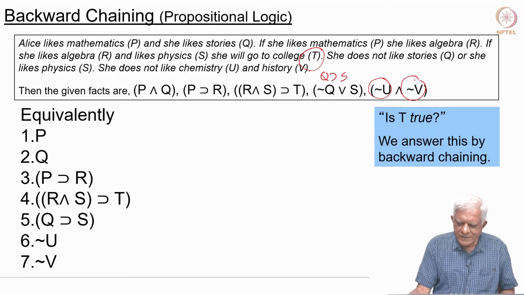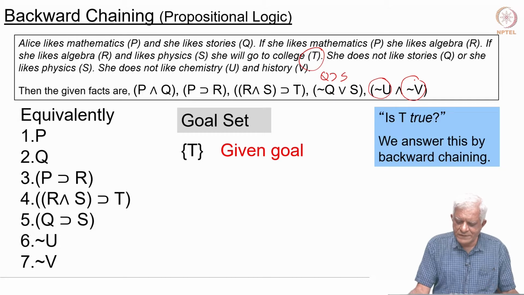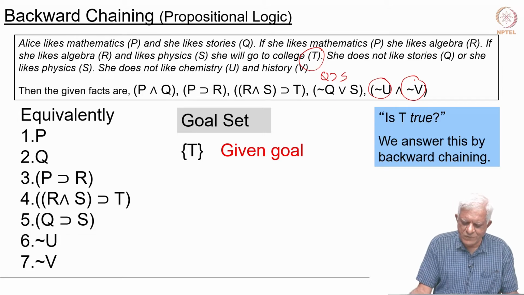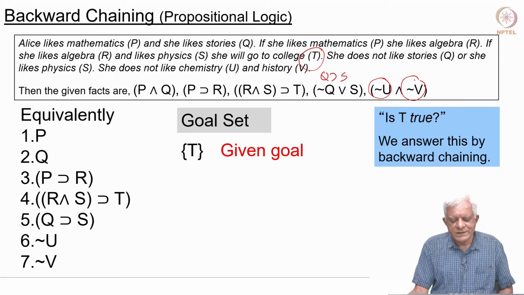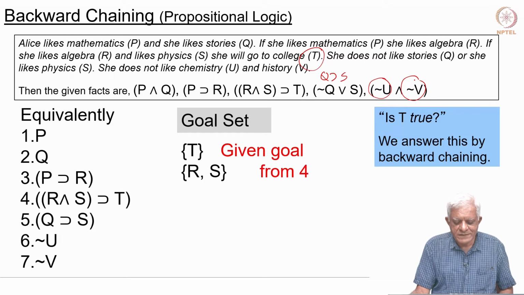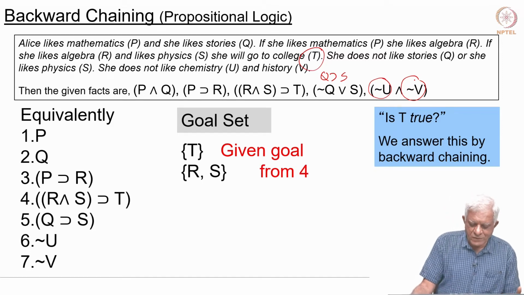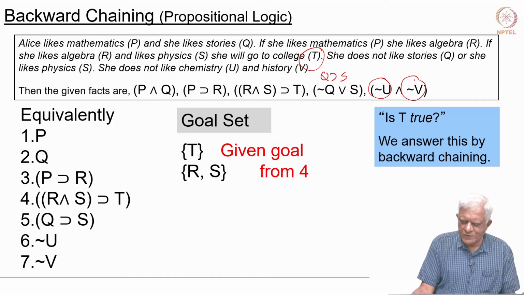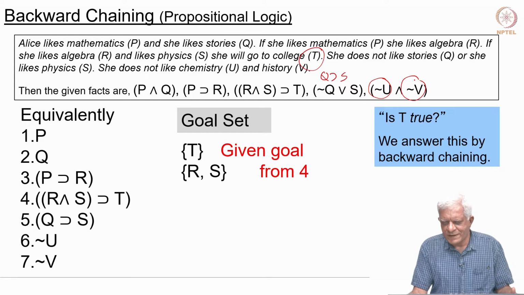So, let us see, we want to see whether the goal is true. So, T is the given goal and we put it in this set. Then because we have a rule, rule number 4, which says that R and S implies T, we remove T from the goal set and add R and S instead.